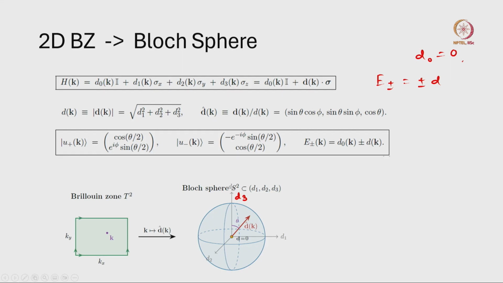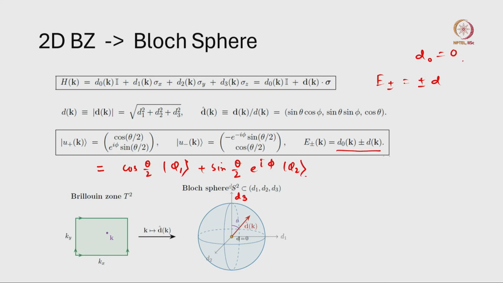Okay. Here. Okay, and let me also remind you that this is cosine theta by 2 and some phi a orbital a plus sine theta by 2 e to the power i phi.